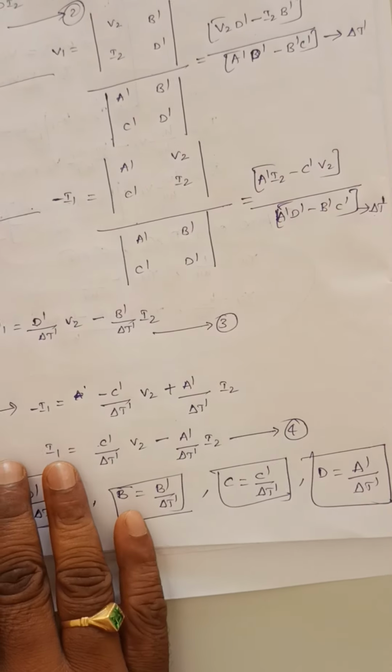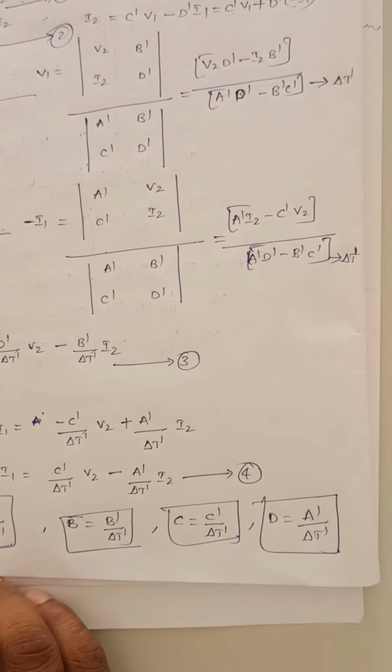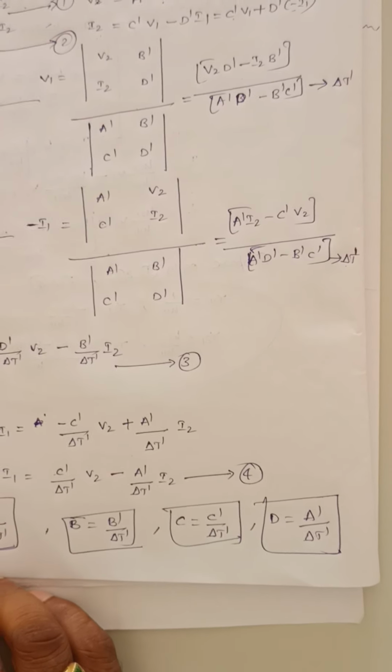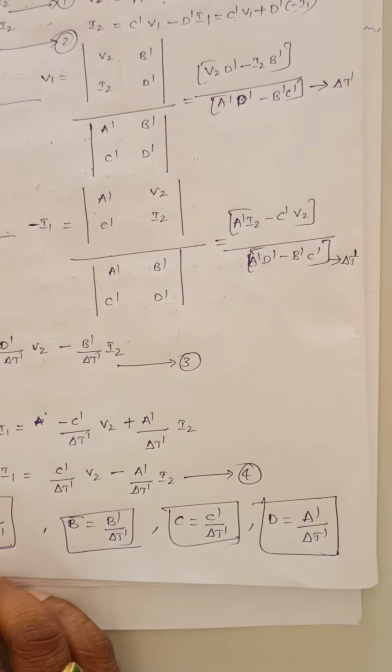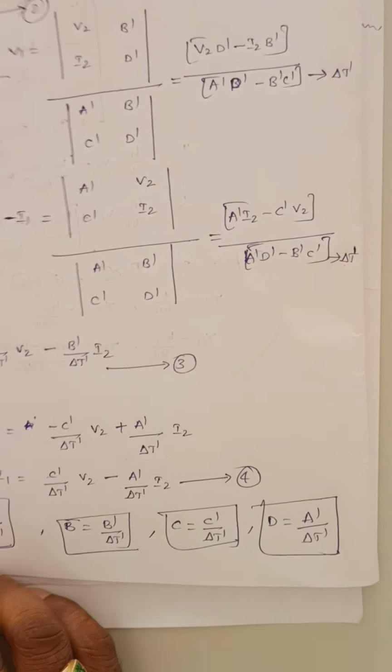So these are the representation of the transmission line parameters in terms of inverse transmission line parameters, right?